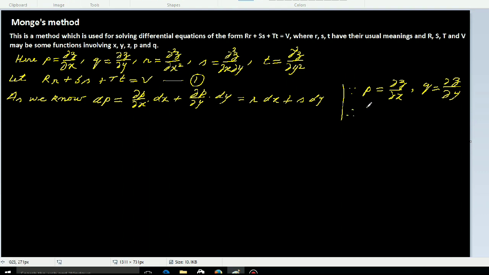Now del p upon del x means del 2z upon del x square, which is denoted by small r, and similarly del p over del y is equal to del 2z over del y del x, which is denoted by small s.